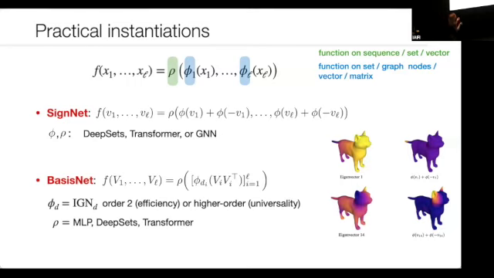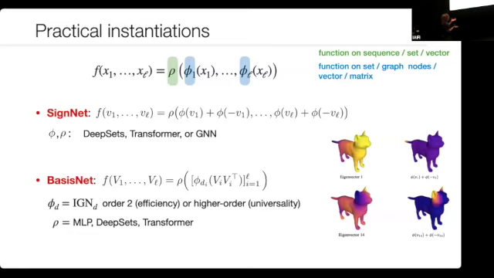So what is rho? We could think of it as a function over a sequence, because we have the values of the eigenvalues, so we can sort them. That's unique. We can do that. Or we could just think of it as a function of a set or a vector. So we can accordingly make this a deep sets architecture. A transformer is a set function, etc., or just an MLP.